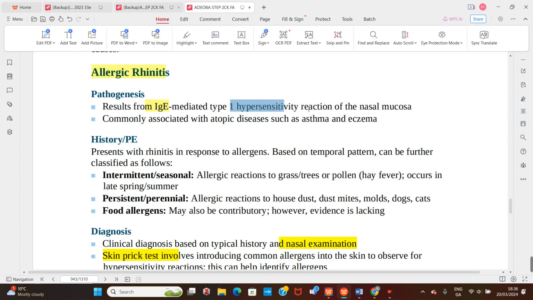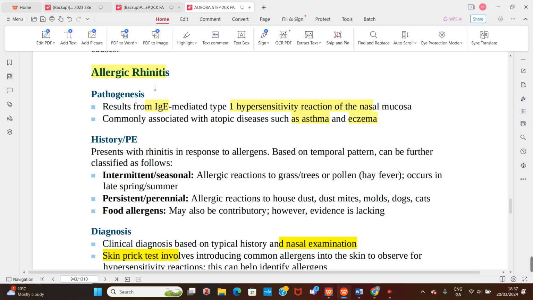Because this is an atopic condition, you can have some associated diseases, such as asthma and allergic dermatitis. So these are part of the questions we are going to be asking in our history. This person is complaining to us that from time to time he experiences recurrent nasal discharge, feeling as if his nose is stuffed, constant clearing of the throat, and he noticed that some part of the nose itches.